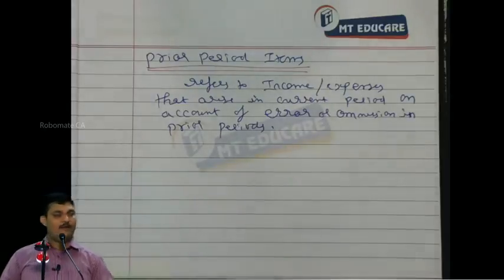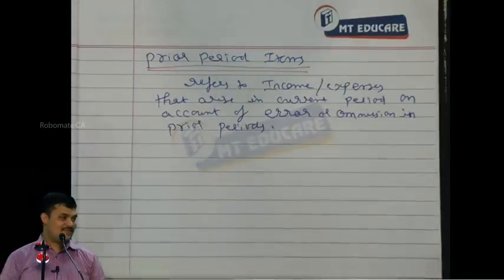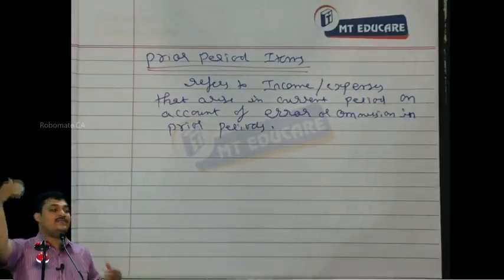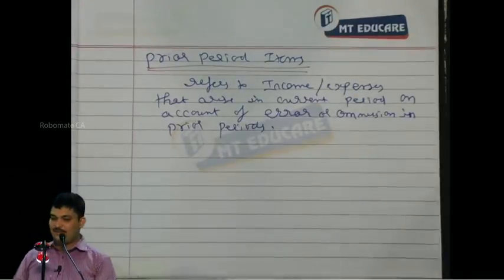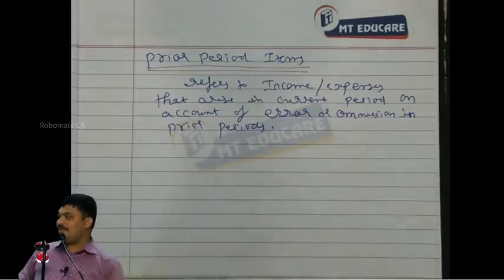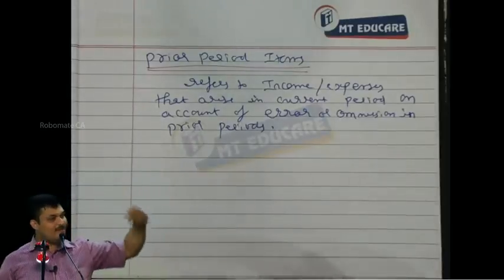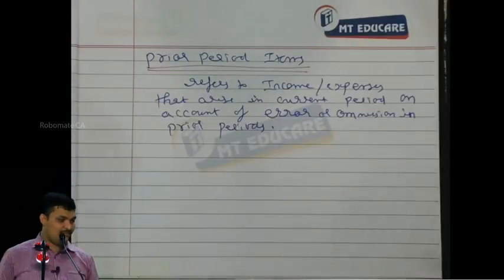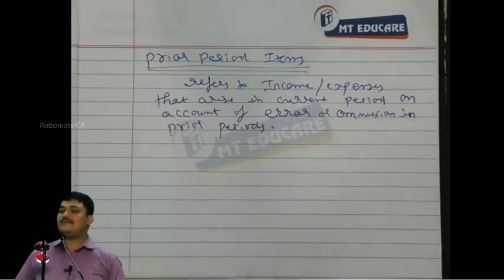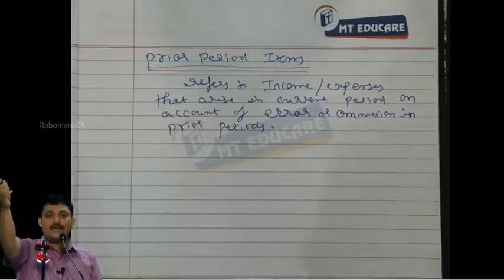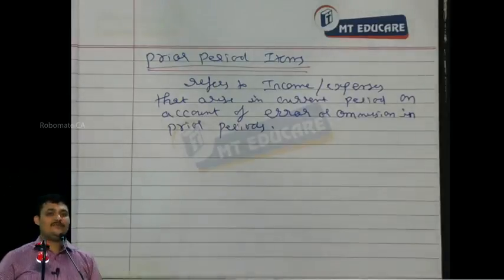The loss was already booked in the previous year, and the amount we are just claiming from the railway was not booked as revenue in the previous year. Not from insurance, from the railway. Understood? So we are asking for compensation from the railways, because of their mistake this loss had happened. So we have just made that claim, and that claim is not recognized as revenue in the previous year.